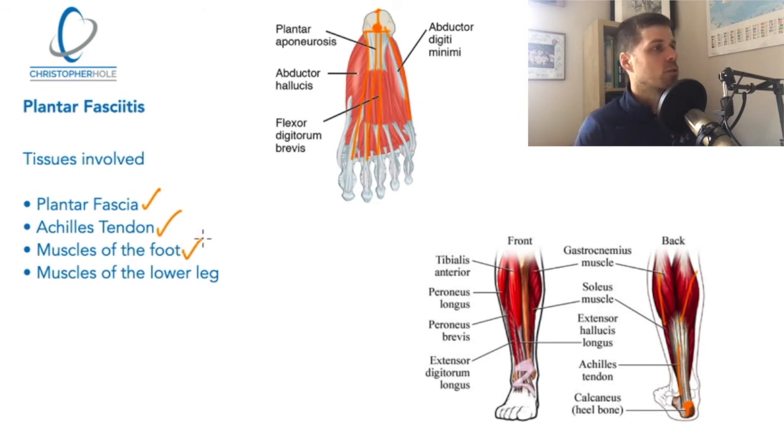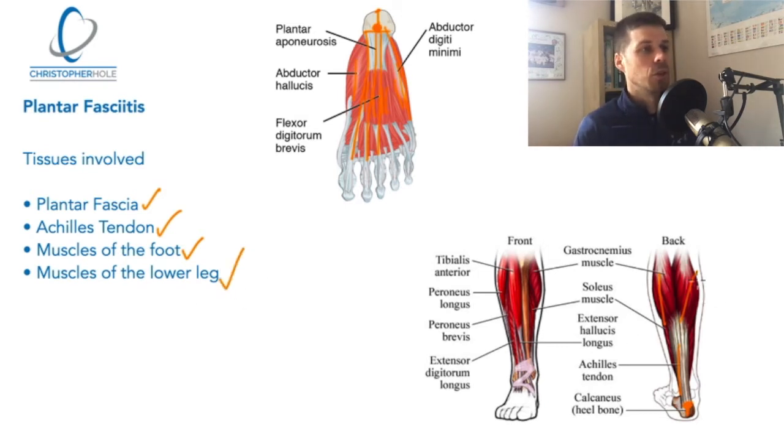We've then got the muscles of the foot that you can see on this diagram here. When I talk about pain in the midfoot, generally it will be from muscles here. You will need to massage through it, stretch through it, and then eventually activate these muscles to, in some respects, retrain them, reset them. And then you've got, as I've mentioned, muscles of the lower leg.